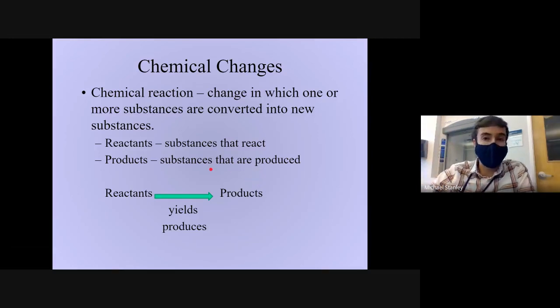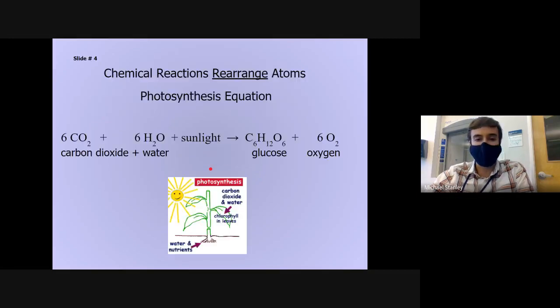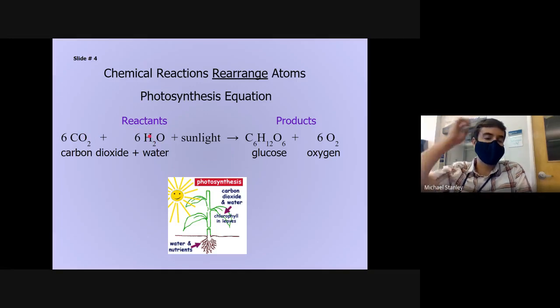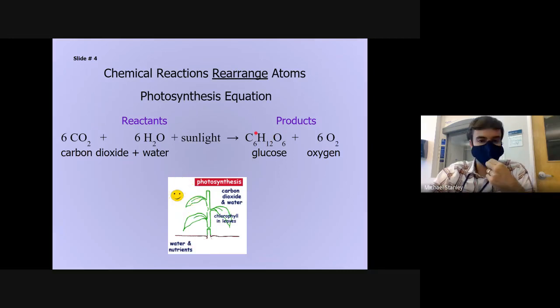So we talked a little bit more about different things that go on in chemical reactions the other day. We talked about how we can only rearrange the atoms that we have. So we looked at this photosynthesis equation, right? On this side, we have carbons, oxygens, and hydrogens, C's, O's, and H's. And on this side, we have carbons, oxygens, and hydrogens, C's, O's, and H's.